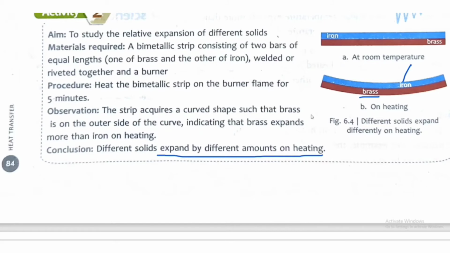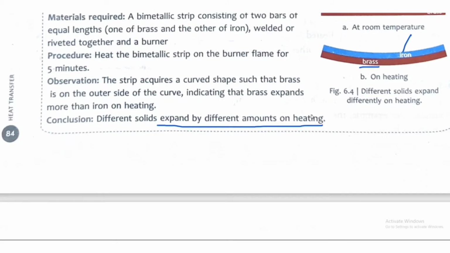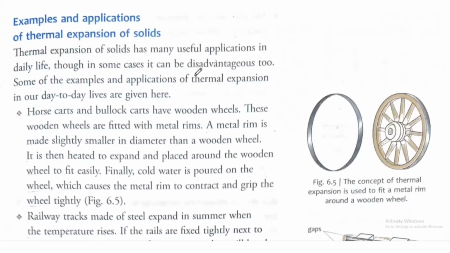Students, this thermal expansion of substances has some advantages and disadvantages both, and it has also many useful applications in our daily life. One of its applications is that horse carts and bullock carts have wooden wheels, but these wooden wheels are fitted inside a metal rim, which is a little smaller in size than the wooden wheels.